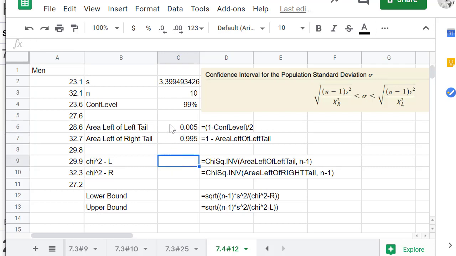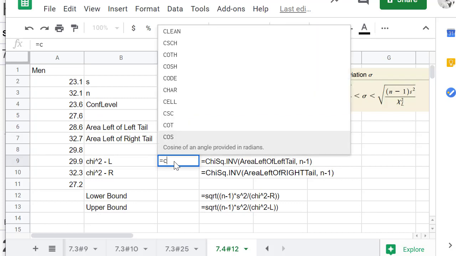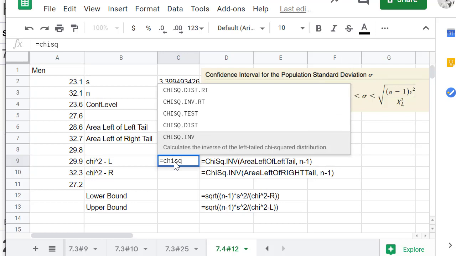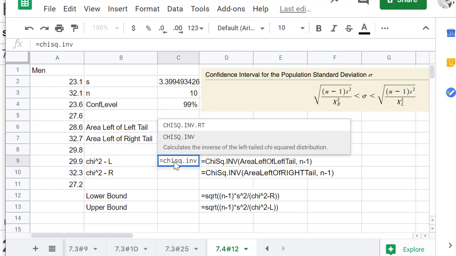So let's take the left side first, where the area to the left is 0.005. That's pretty straightforward. So the formula is CHISQ.INV. And if you take a look at that, it says it calculates the inverse of the left-tail chi-square value.